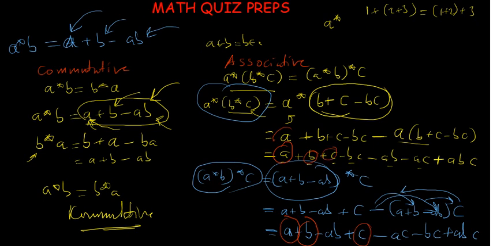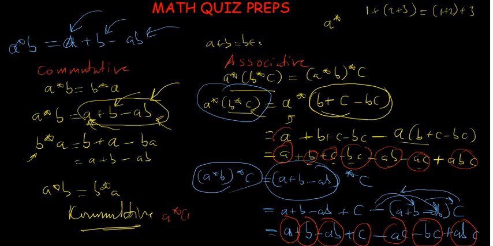We've got negative bc, negative bc, negative ab, negative ab, negative ac, negative ac, abc, abc. So we can see that a star b star c is equal to a star b and then star c.